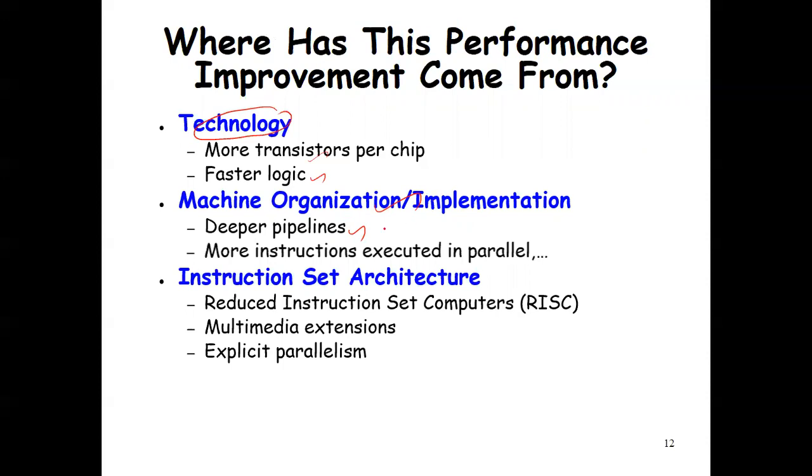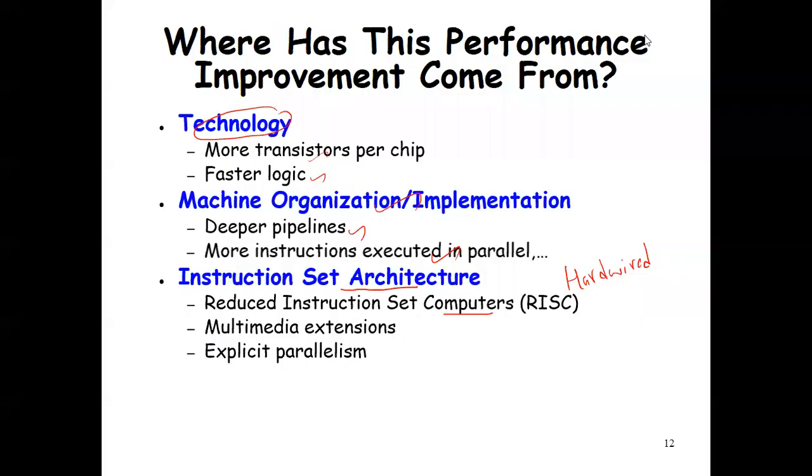And also by executing more instructions in parallel. If you have more functional units, then more than one instruction can be executed at the same time. And also by using a different instruction set architecture, called RISC architecture. With RISC architecture, we use hardwired control. As we have already discussed, with hardwired control more instructions can be executed.